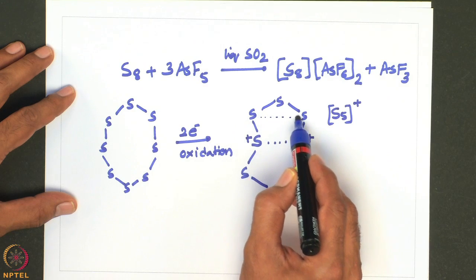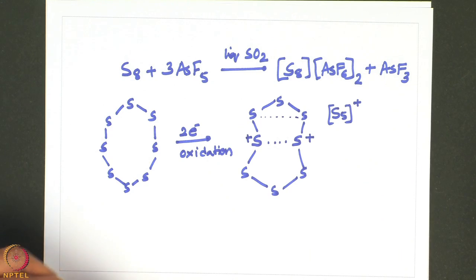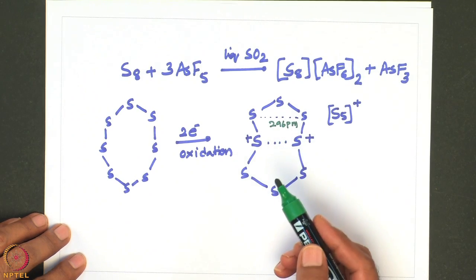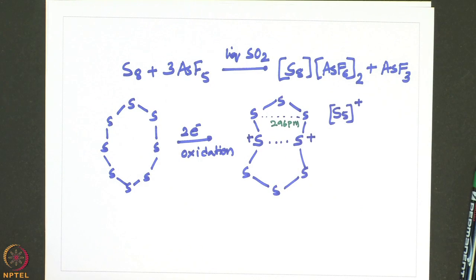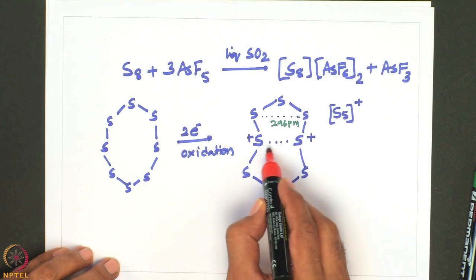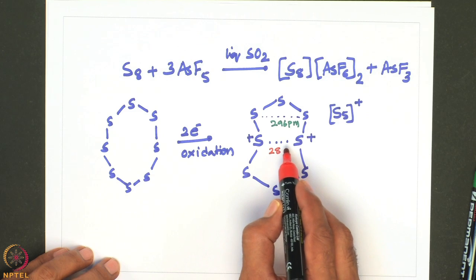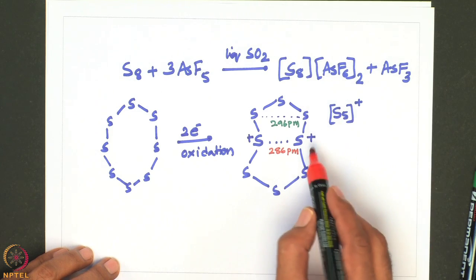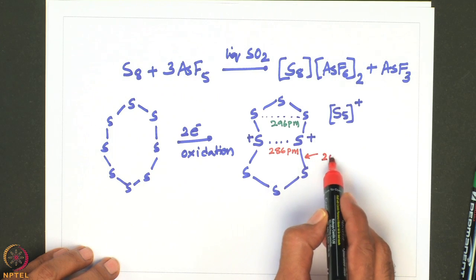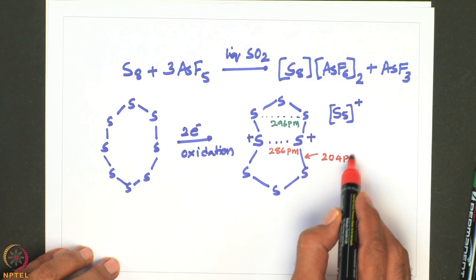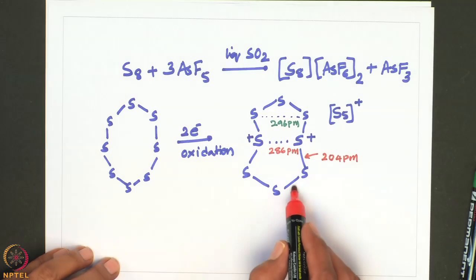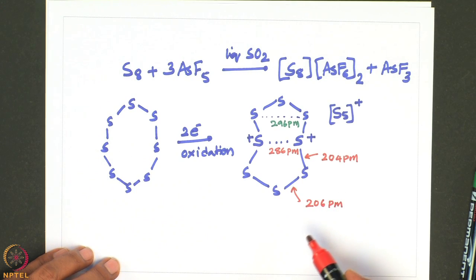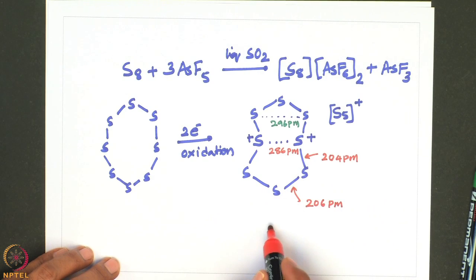This distance is 296 picometer, this distance is 286 picometer, this distance is 204 picometer, and this distance is 206 picometer. Okay. So, this is one of the resonance structures of S8 2+.